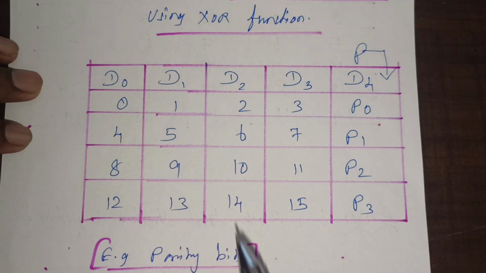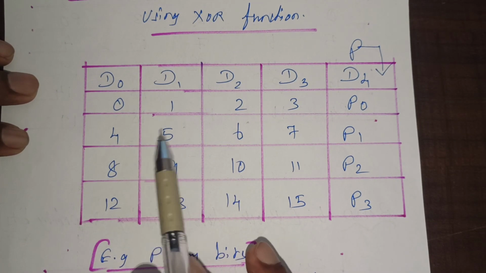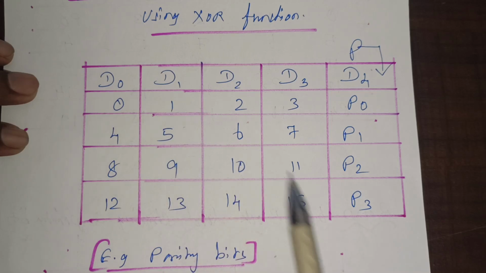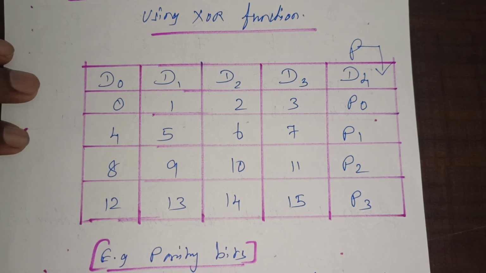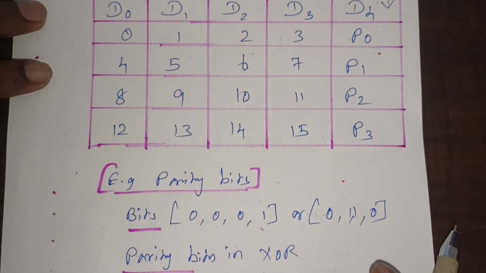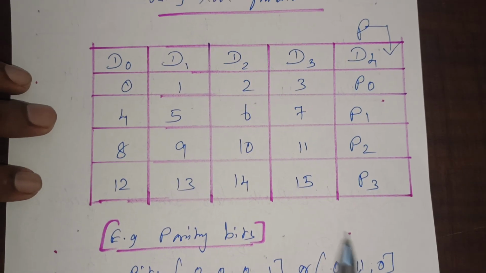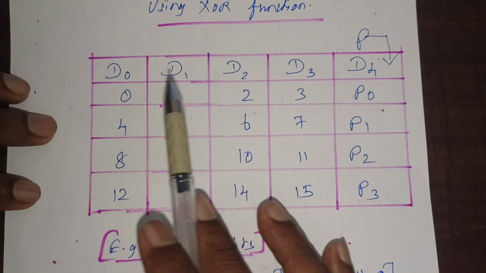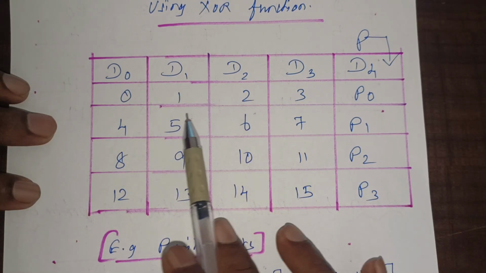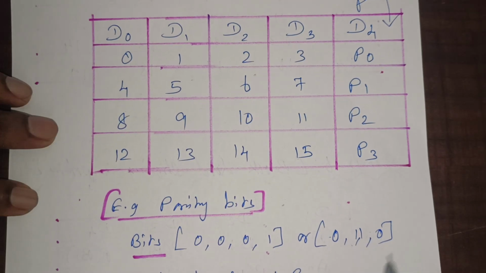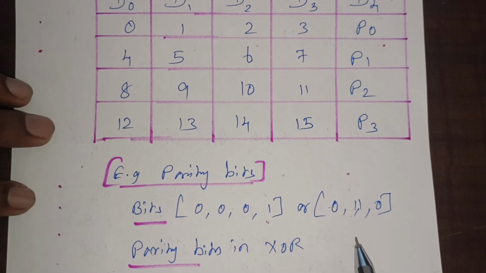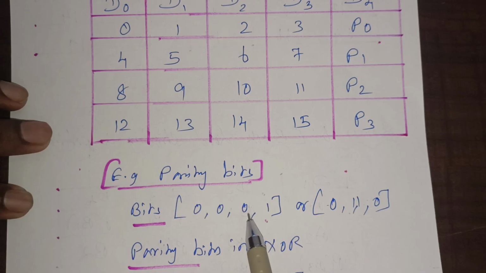If any one disk fails, recovery works, but if multiple disks fail, this XOR process fails. Let me explain. For example, I have taken the parity bits here. Assume the bits in D0, D1, D2 or D3 are, in a binary case, 0, 0, 0, 1 or 0, 1, 1, 0.